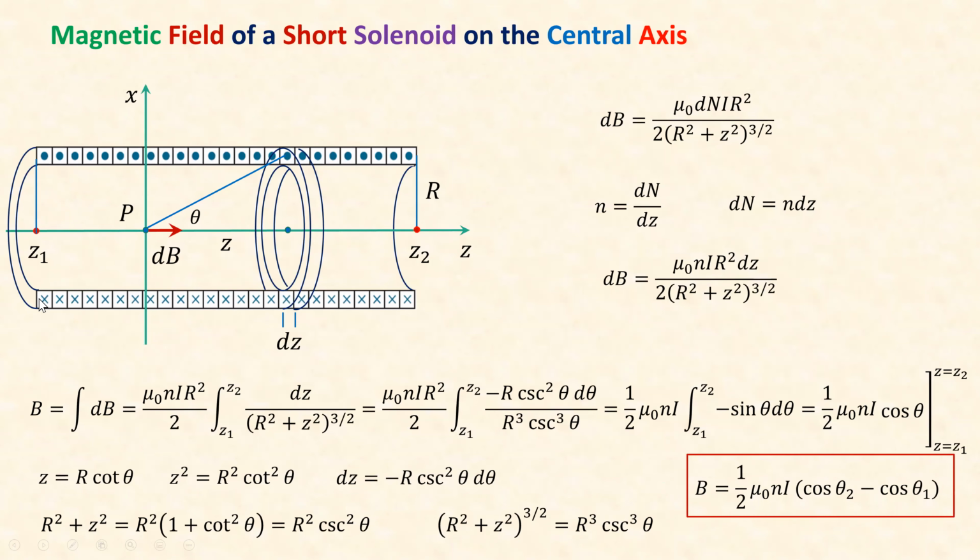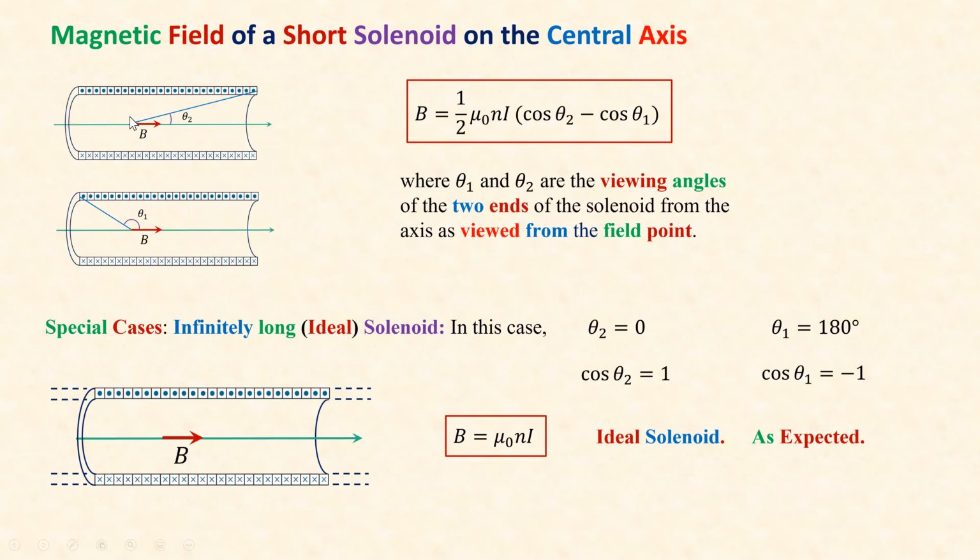The solenoid is extended from Z1 to Z2, and we came up with this equation, B equal to 1/2 mu naught N I. Remember, this mu naught N I is the magnetic field of an ideal solenoid like that. But then times cosine theta 2 minus cosine theta 1. What is theta 2 and theta 1? Theta 2 is the viewing angle of this end of the solenoid from the field point, and theta 1 is the viewing angle of the other side from the field point.